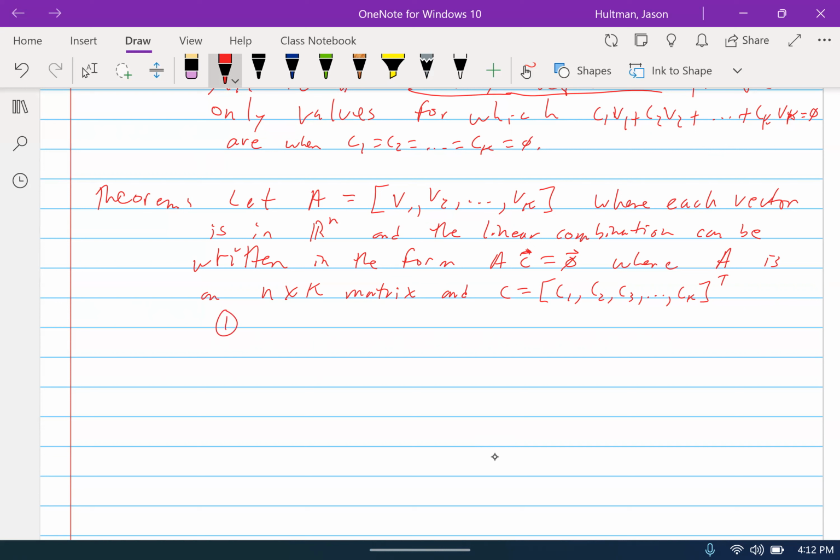Number 1, if k is greater than n, then they are linearly dependent. If I have more vectors than dimensions, then they're linearly dependent. Think of it like having 4 two-variable equations.